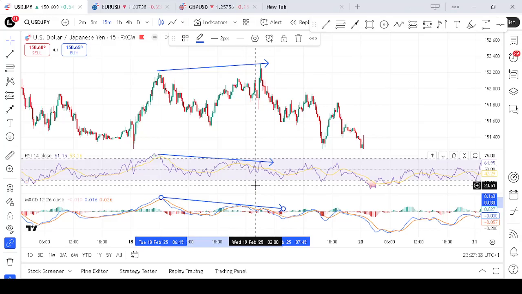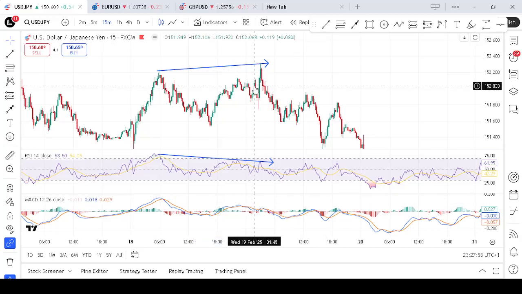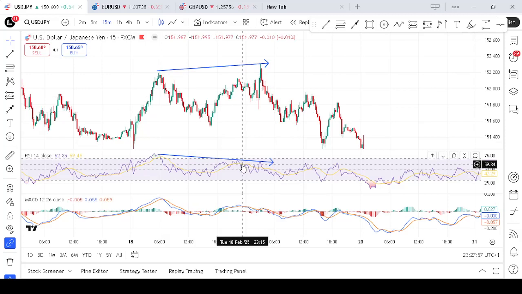The magic of this pattern lies in its reliability. When price shows weakness by failing to reach each previous high, the indicator suggests temporary strength. This contradiction confirms that bears are quietly regaining control, preparing for the next leg down. Think of it as the market taking a breath before continuing its journey to the downside.